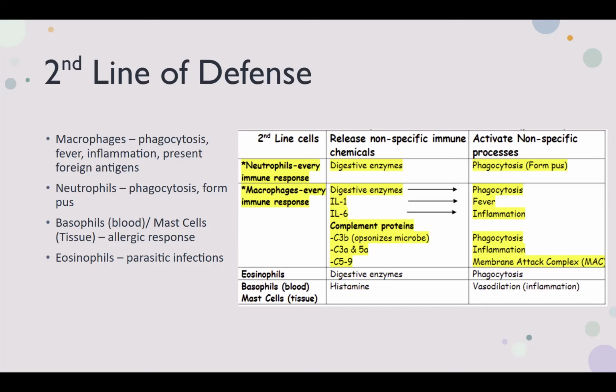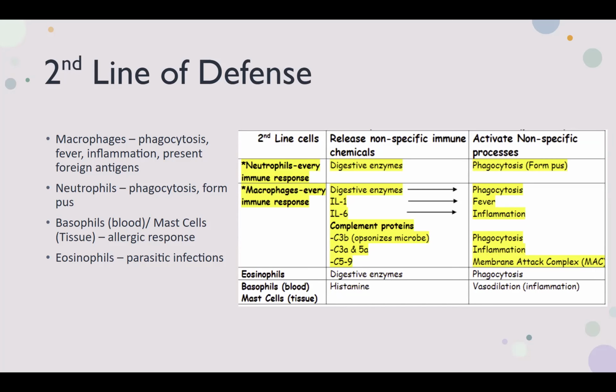Yeah, that's a great question. So it depends on the question. One of the ways Dr. Carter could ask is, hey, give me two chemicals that are released or secreted by macrophages. And if she does that, you can pick the two that you want to remember. I've also seen it as a select all that apply, and she might give you a list of chemicals, and some of those could be second line chemicals, and some of those could be third line chemicals.